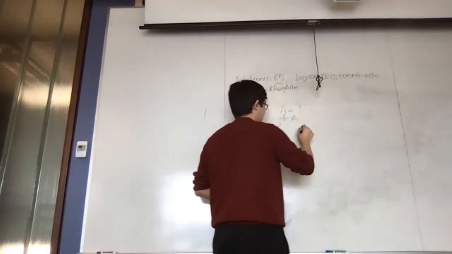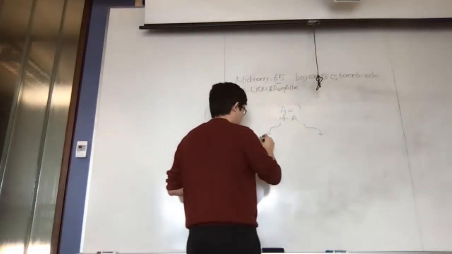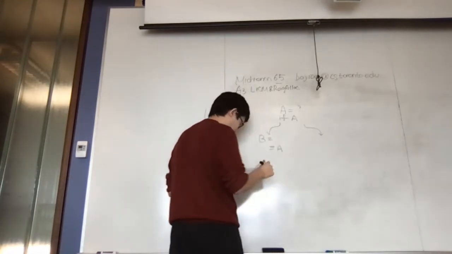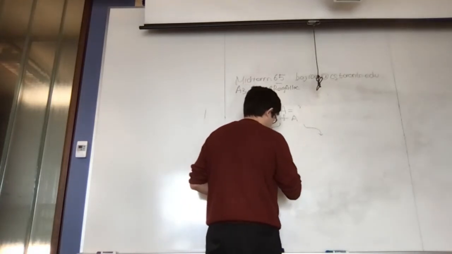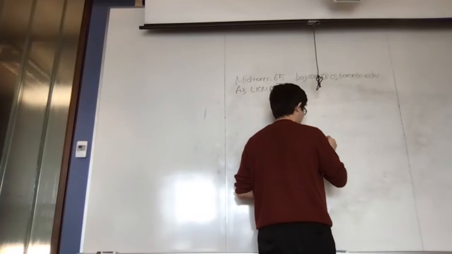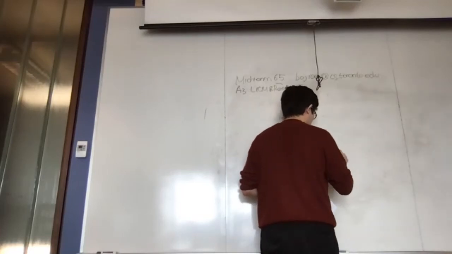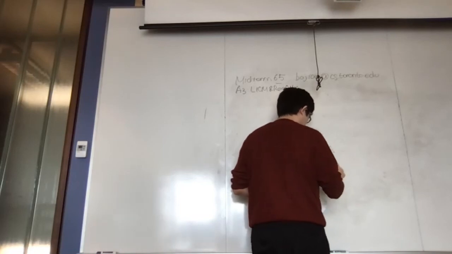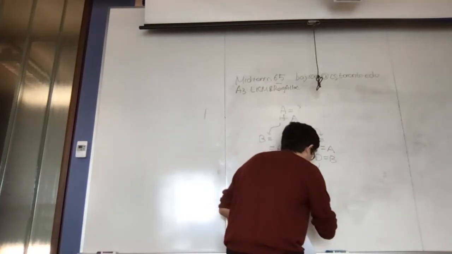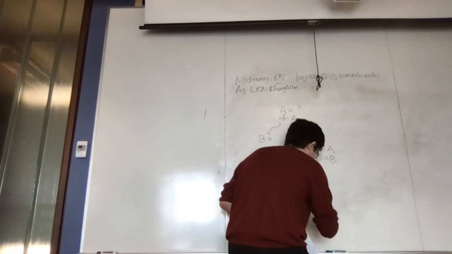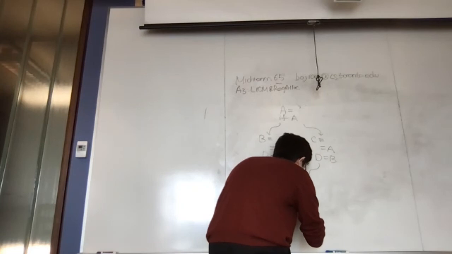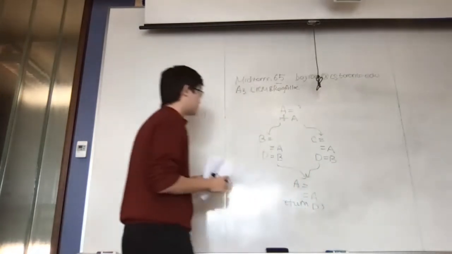If A is set to true, we have B equals something, something equals A, and we have D equals B. And in the other branch, we have C equals something, something equals A, and again, D equals B. As we merge this, we have A equals something, something equals A, something equals B, or return B. So this is pretty similar to the examples that we had during lectures.